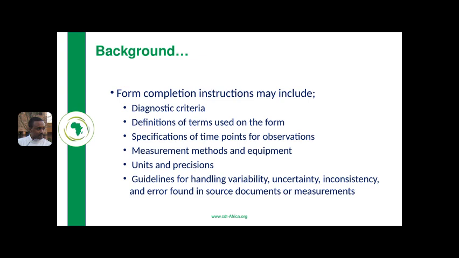They may also include specification of time points for observations, measurement methods, and also equipment, units, and precisions, as well as guidelines for handling variability, uncertainty, inconsistency, and error found in source documentation or during measurements.